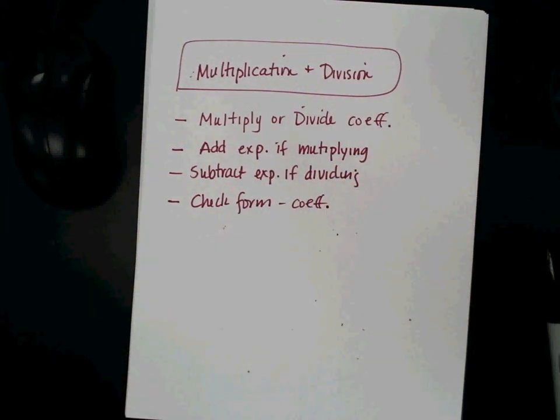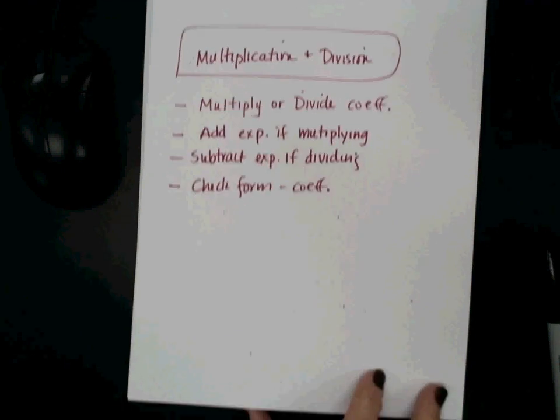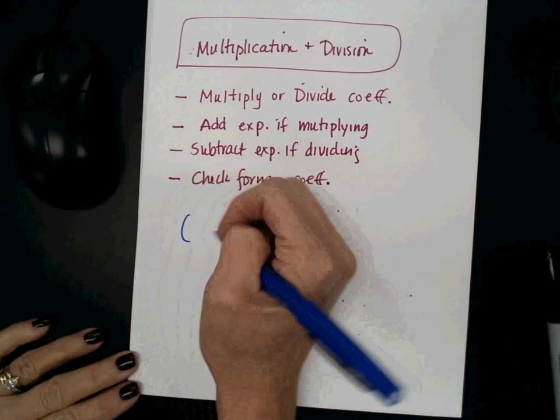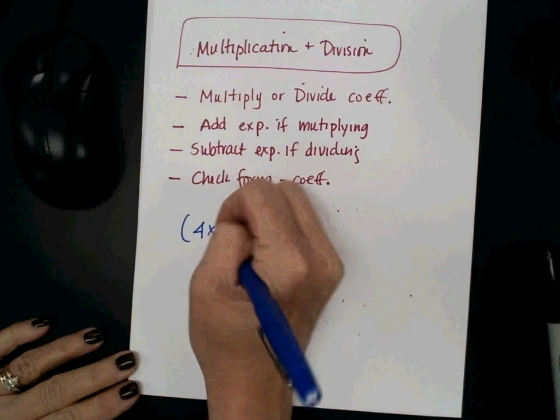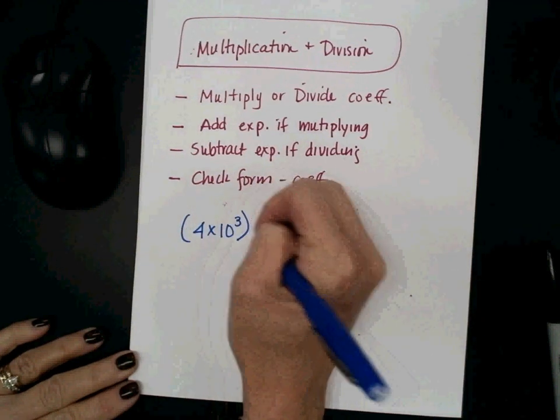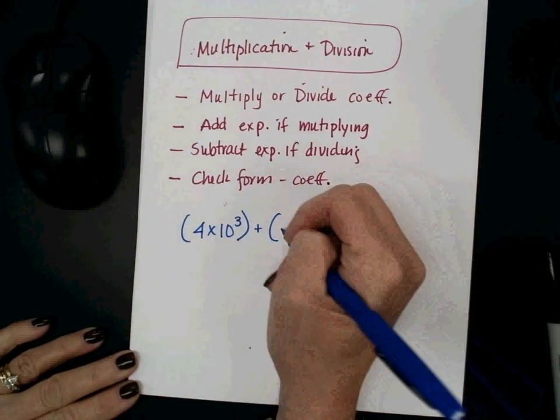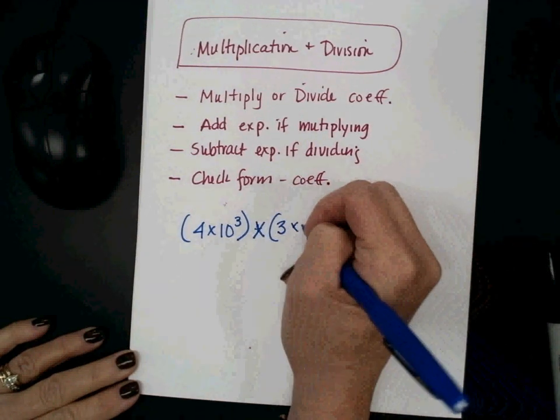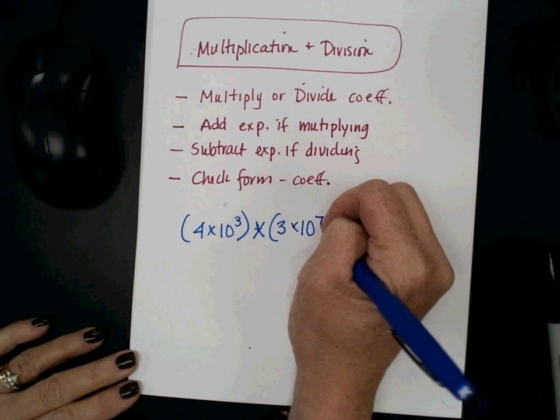So let's look at one of these. And when we test over these, you will have a calculator, but you will not have a scientific calculator. So be sure you're getting these things in your head. Let's say that I have 4 times 10 to the third times 3 times 10 to the 7th.